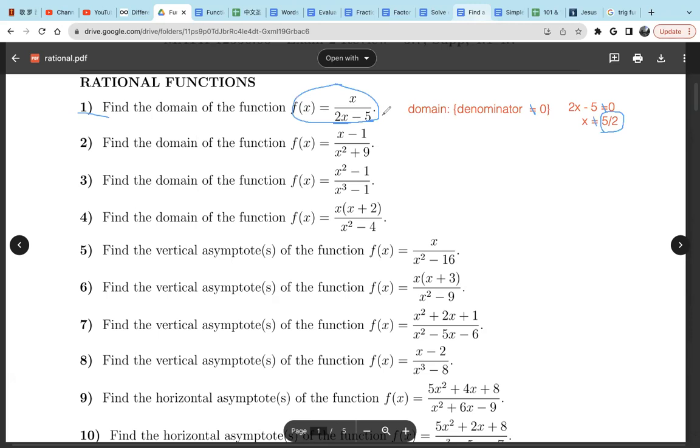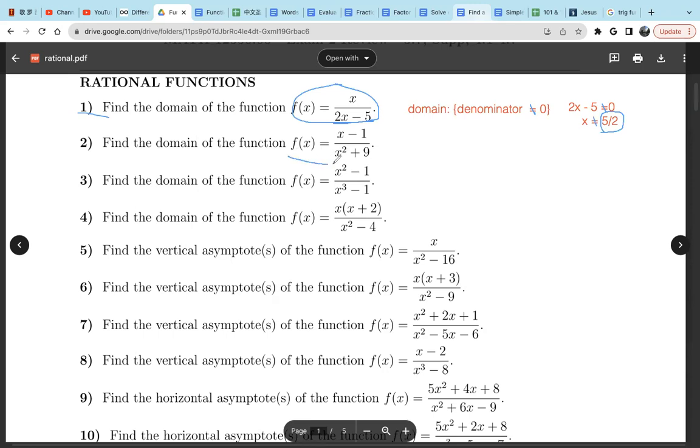If I have 5 apples shared by nobody, it just doesn't make sense, right? We don't consider the situation. So that's why in mathematics, we don't deal with the denominator being 0. Whenever the denominator is 0, it's illegal in mathematics because it does not exist.